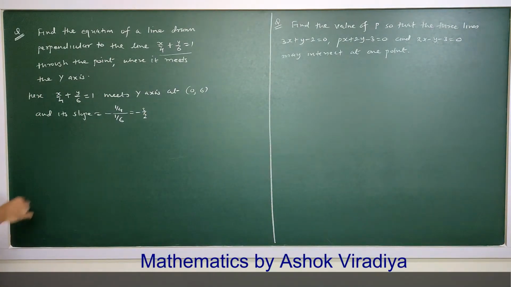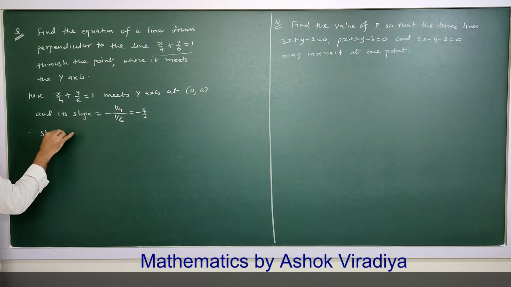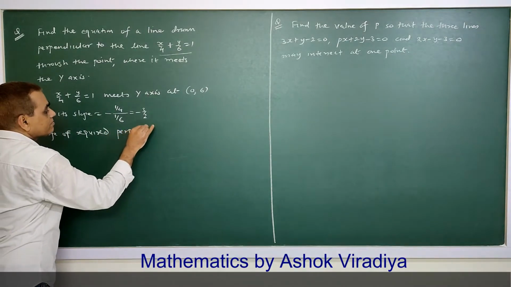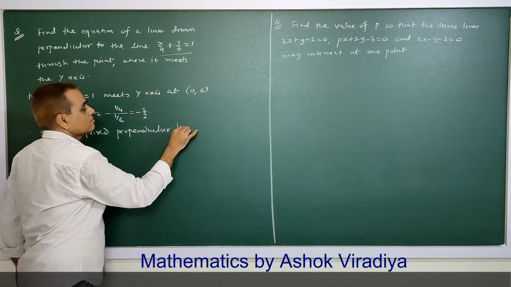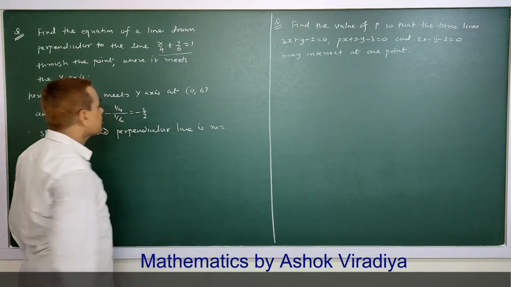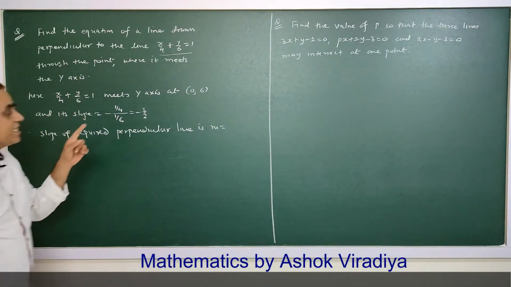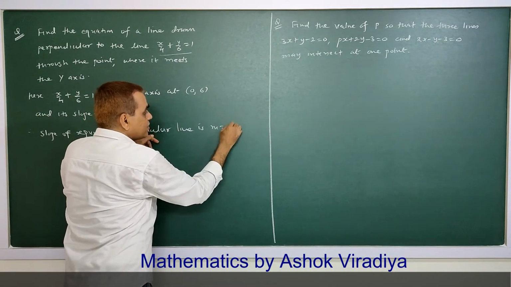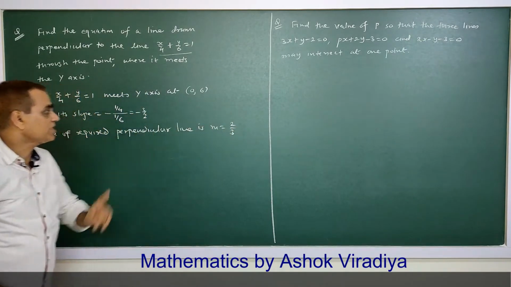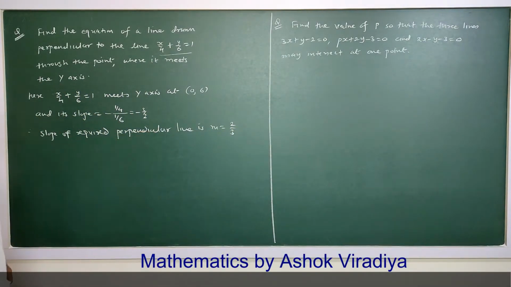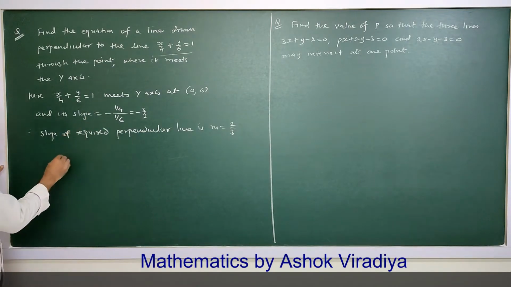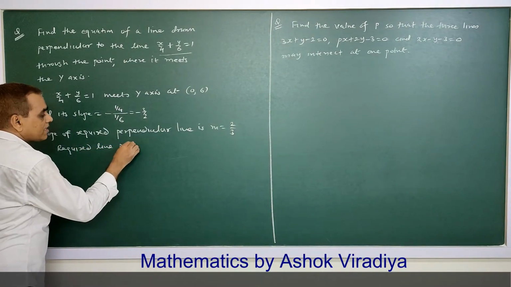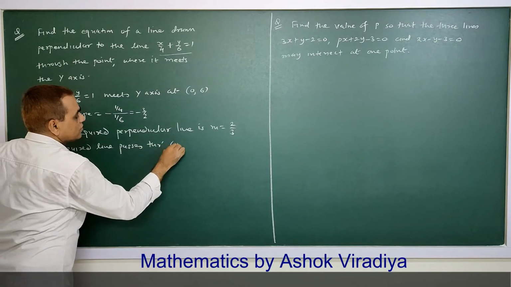So the required perpendicular line has slope m equal to, because the required line is perpendicular to this line, its slope will be, this is minus 3 by 2, so take reciprocal and change sign. This is negative, this is positive. So it is the slope of the required line. The required line passes through 0, 6.